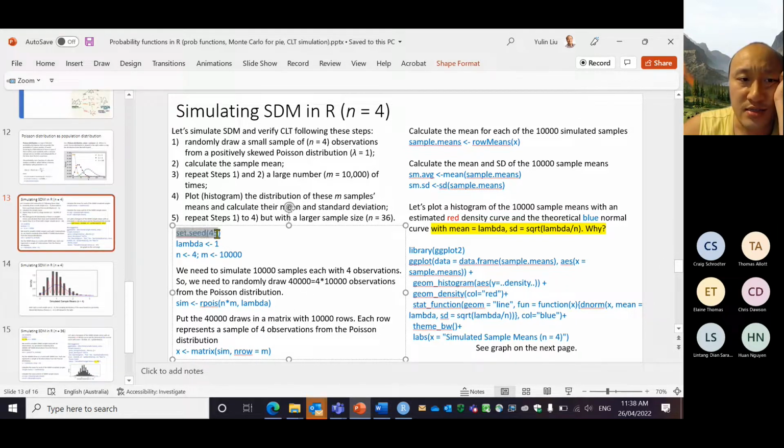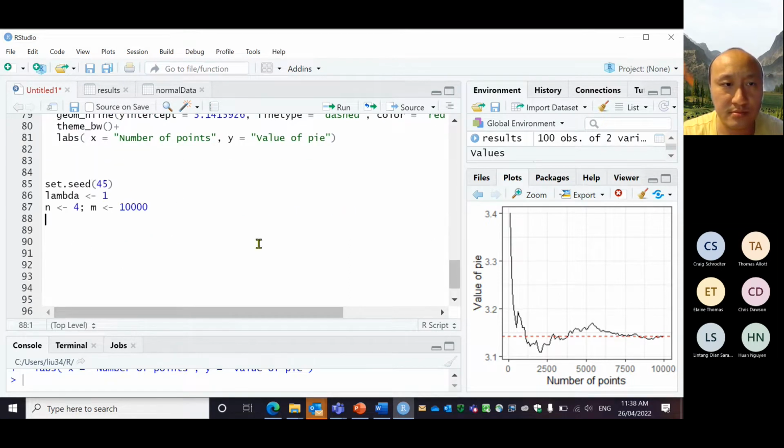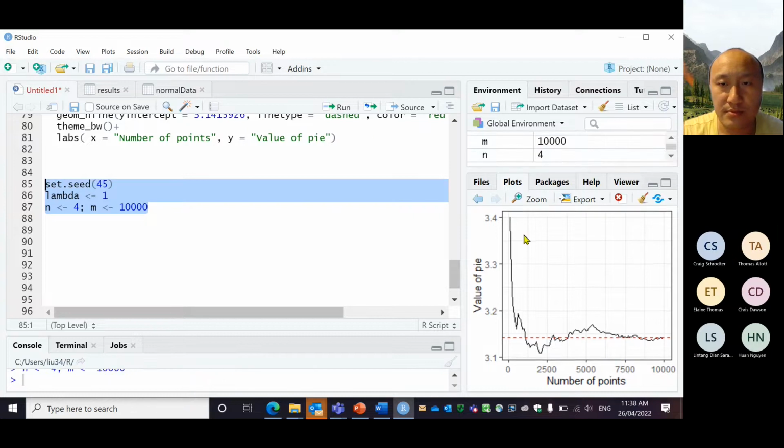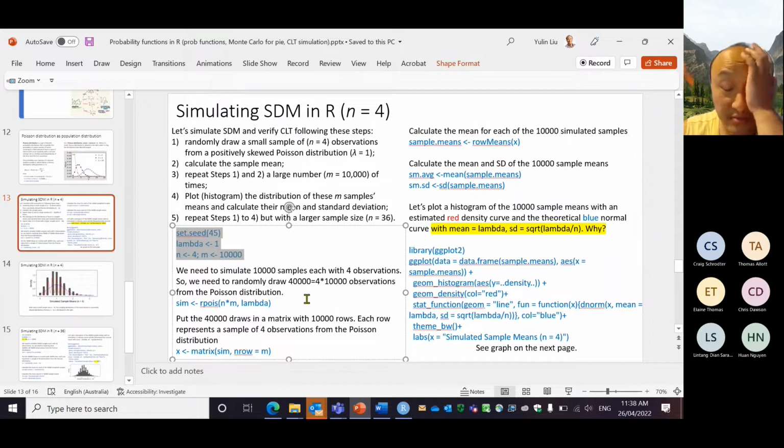First of all, I set the seed to be 45, and lambda is 1, and n is 4, sample size 4, and then I request 10,000 samples. Okay, run this.